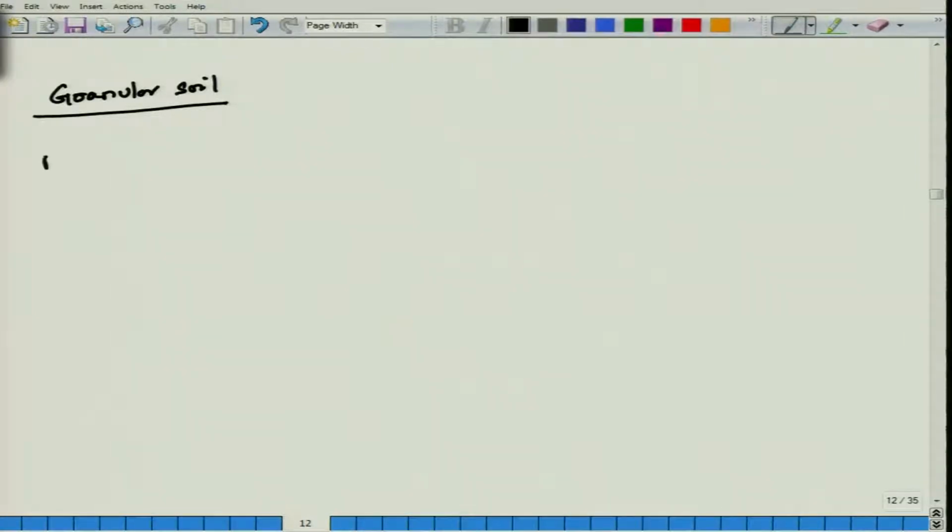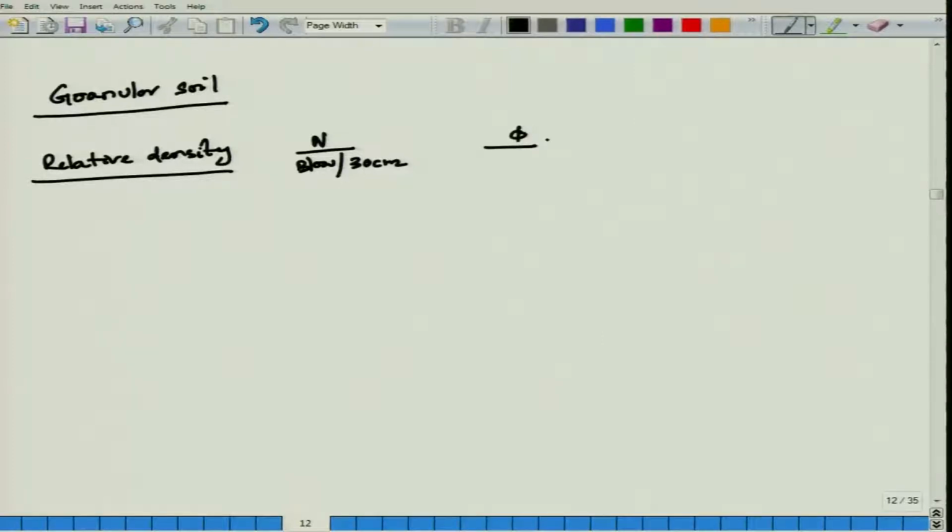On one hand I am putting the relative density, then N is the blows per 30 centimeter, then the angle of shearing resistance phi, then the degree of compactness.